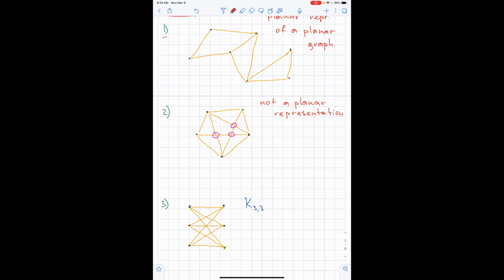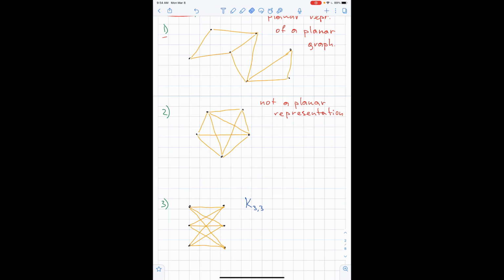But it's not hard to see that one can remedy this. One can draw the same graph in a different way, so that there are no intersections anymore.